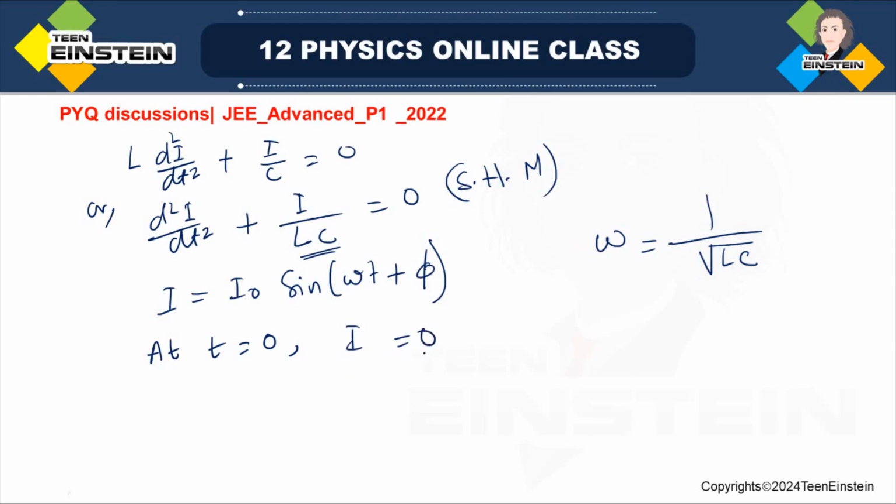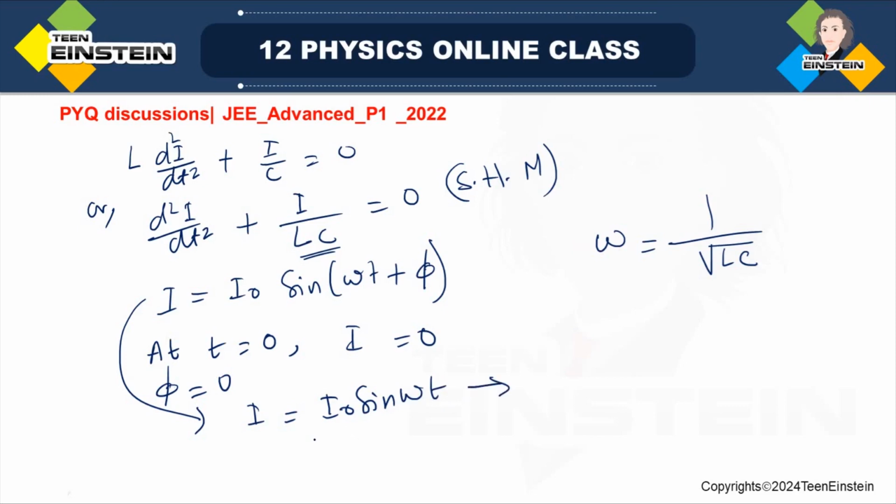So if I apply this, we will get sine omega t plus phi is equal to 0, which will imply further that phi is equal to 0. Therefore I get this equation, I is equal to I0 sine omega t. Okay, so now I have got this I.